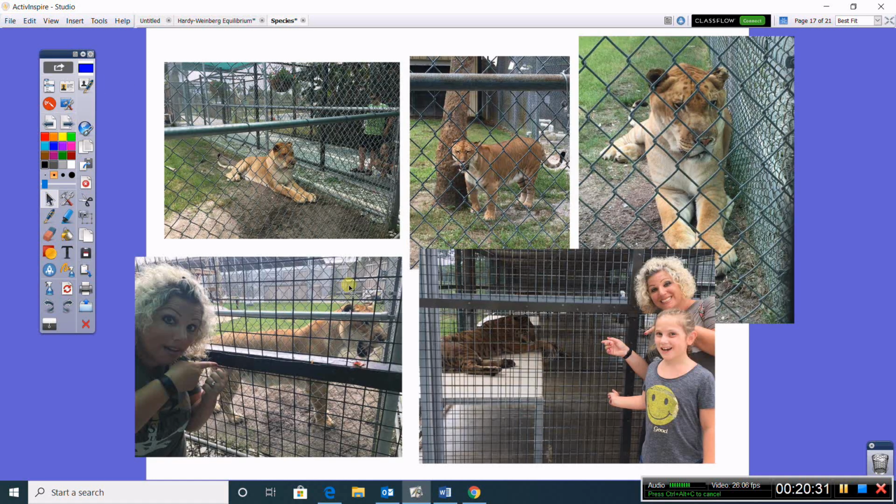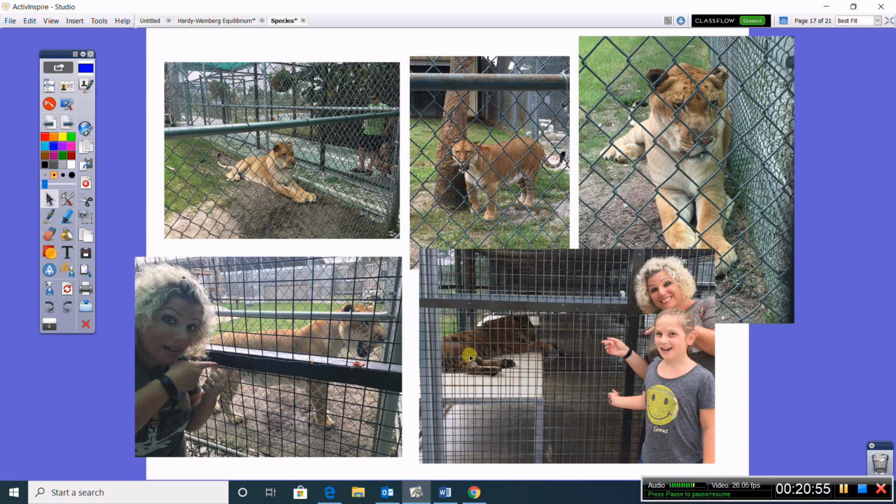Okay? So this is me and my daughter a few summers ago. We went down to a large cat sanctuary down in Florida, and they had ligers. So I was amazed by them. And this one was very large. I know it's kind of hard to tell. So these 4 pictures, I think, are all the liger.